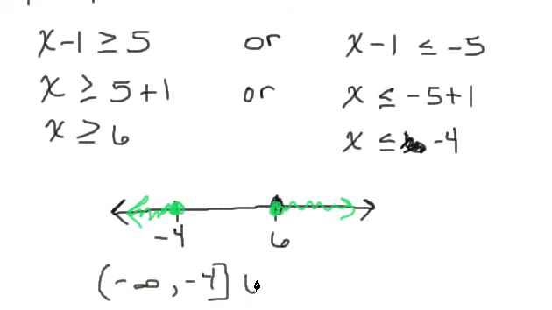And we're going to union that with 6 to infinity. So you may not be actually using the union symbol and doing it exactly like this, but this is about the most proper way of writing this solution set. Okay, moving right along.